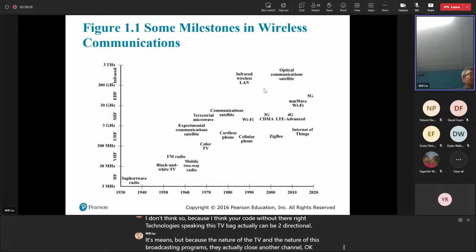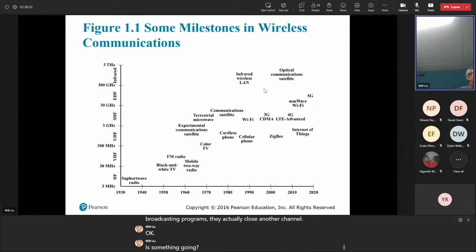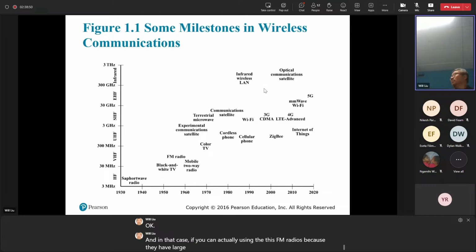Okay, but in some situations, when a disaster happens, the base stations sometimes really crash. In that case, you can use FM radio, because it has large coverage, right?